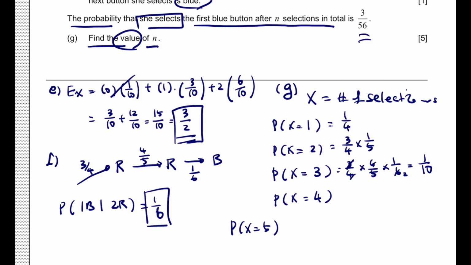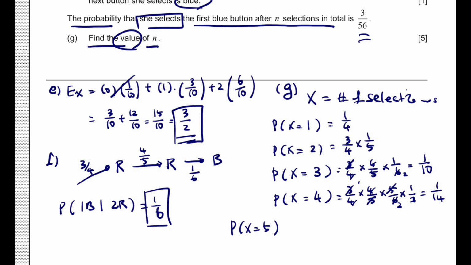Then let's try the case where we pick up 4 buttons and the fourth button is blue. Then we have 3 over 4, 4 over 5, 5 over 6 and 1 over 7. When we do this, we end up with 1 over 14.